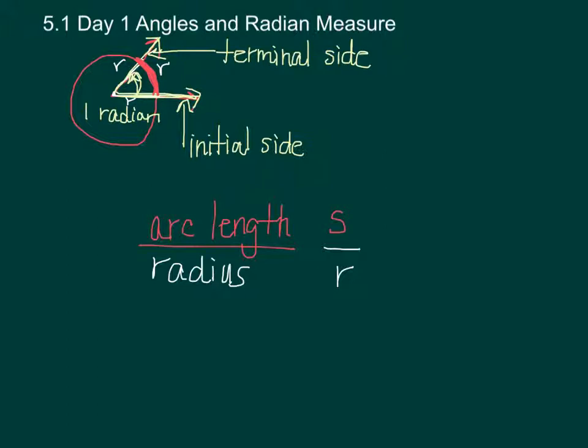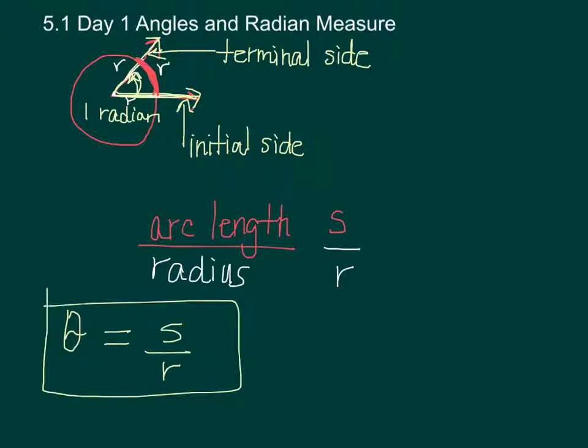So your formula will look like this. We're going to use this symbol, which is theta. So that's theta, and theta is equal to S over R. So remember that formula.